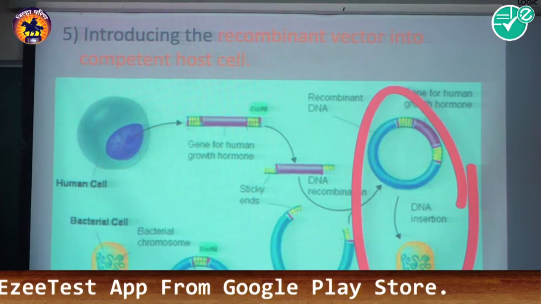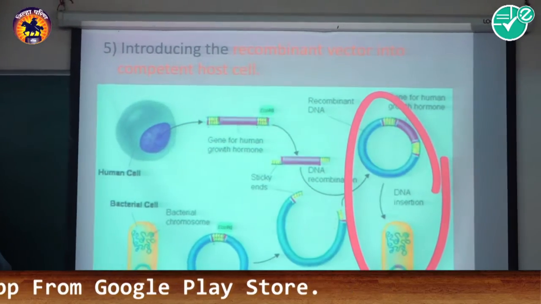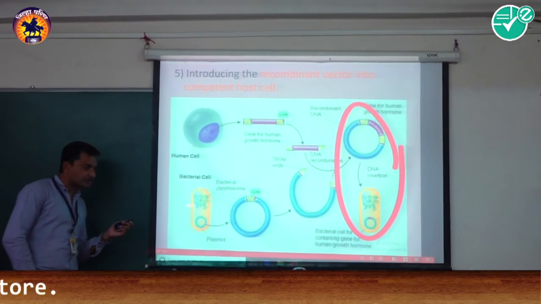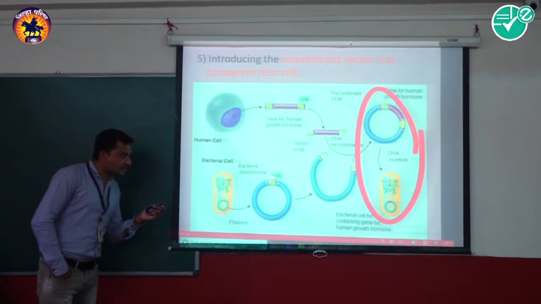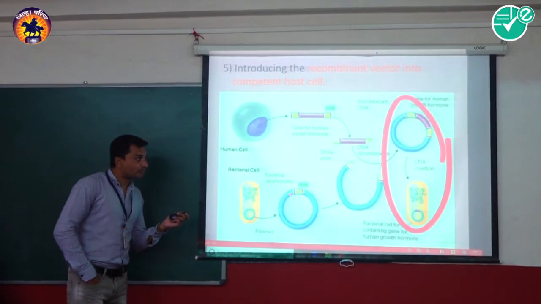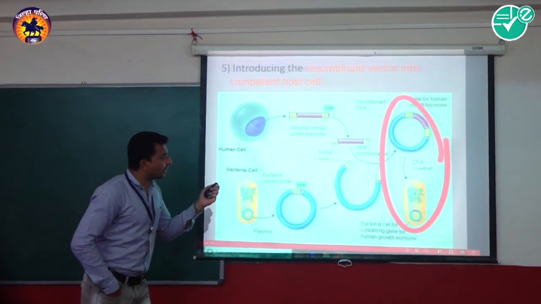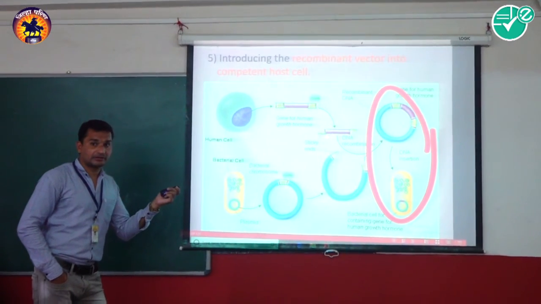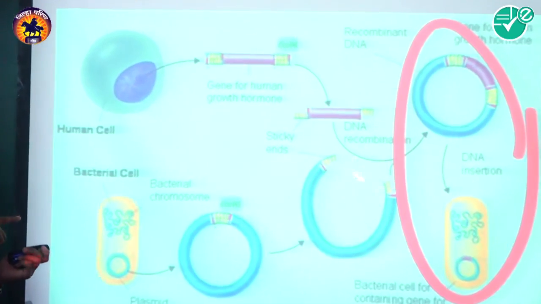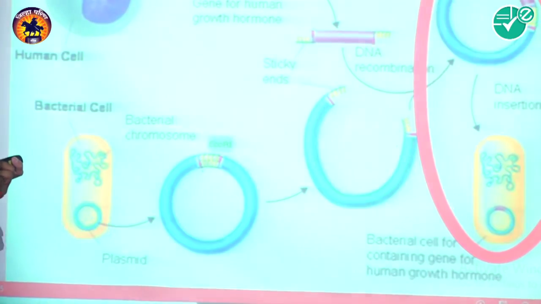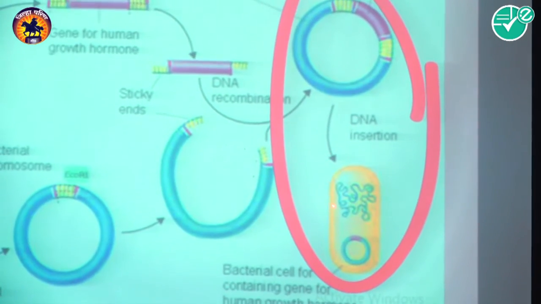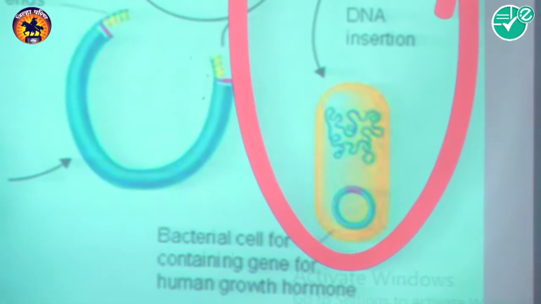There are a number of hosts, but here we will take the example of a bacterium as the host. Here in the photograph, this is the host, and this is the bacterial chromosome, that is the plasmid. In this plasmid we introduce our desired gene. Both are fixed here. After fixing, you can see the recombinant DNA is formed. This recombinant DNA is inserted into the bacterial cell.